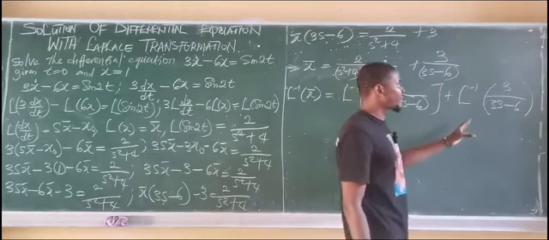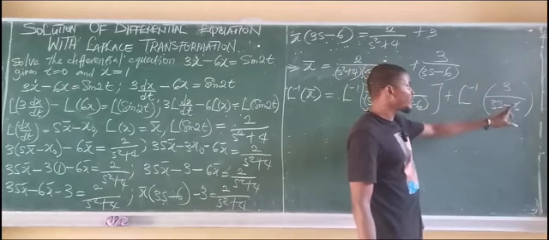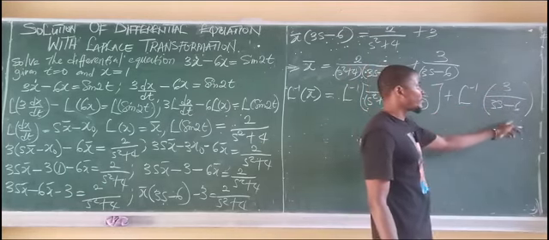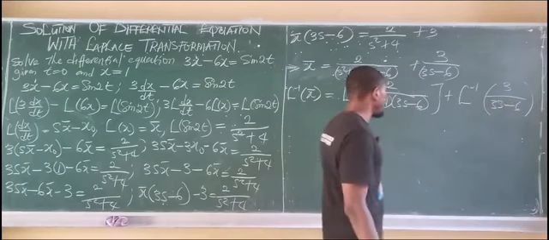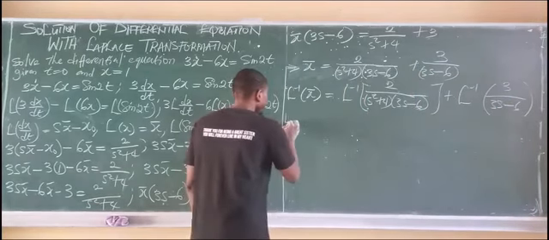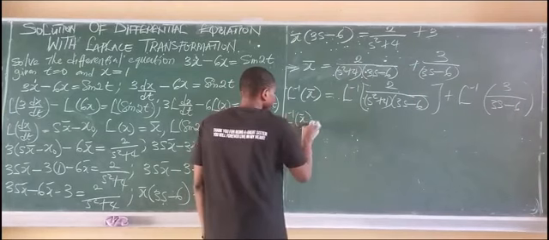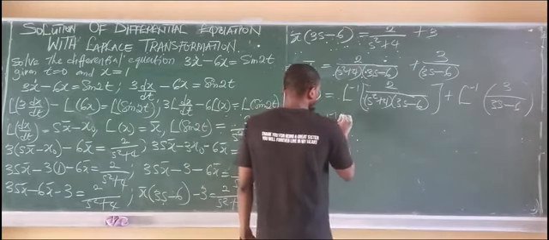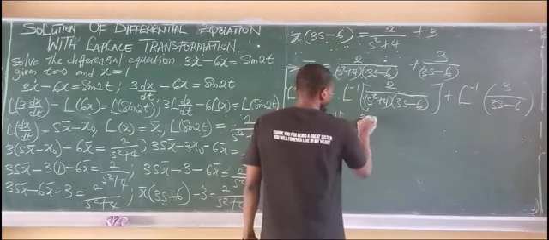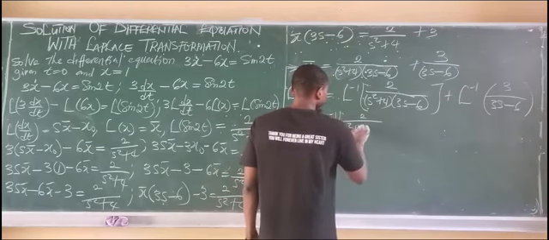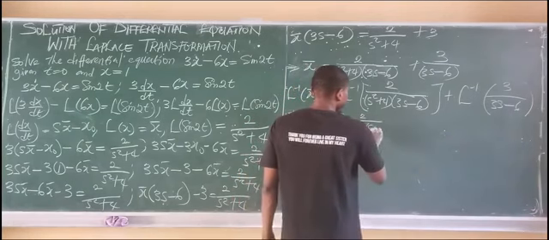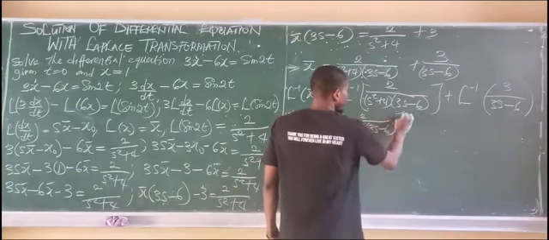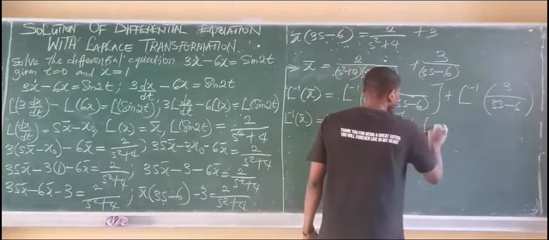Now, if you observe, 3 is quite common. So this is the Laplace inverse of 2 all over s squared plus 4 multiplied by 3s minus 6, plus the Laplace inverse.